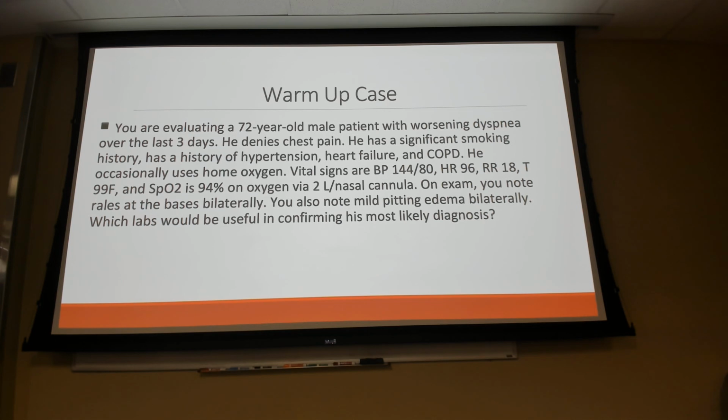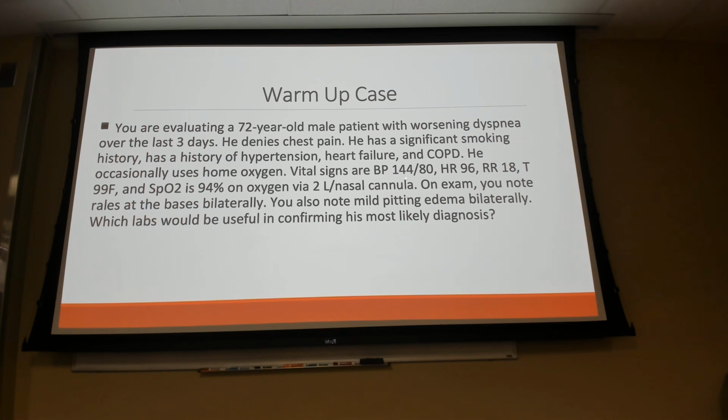All right, what do you guys think about this? So we have a 72-year-old, worsening dyspnea, has some significant history, right? Hypertension, heart failure, COPD, occasionally uses home oxygen. What does that mean? That means that patient's probably non-compliant, right? Probably always supposed to be on oxygen, but only uses it sometimes. Right now, these are the vital signs.